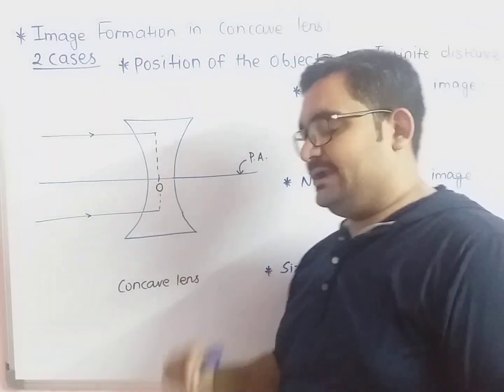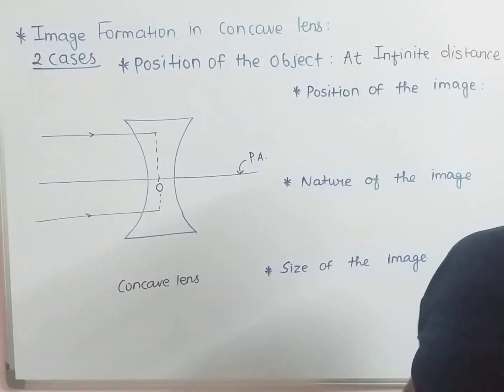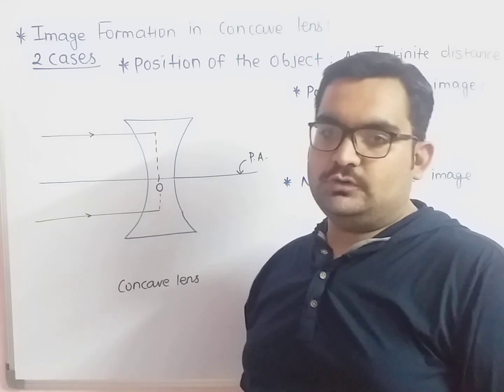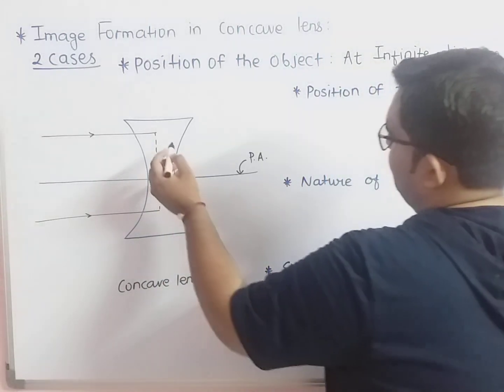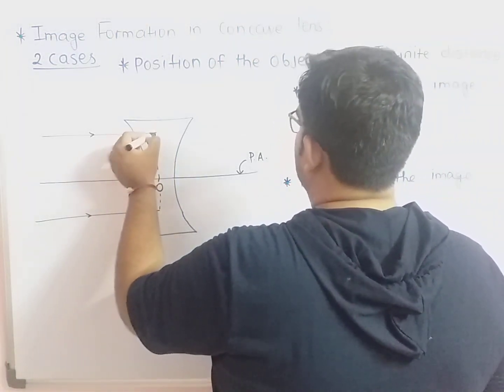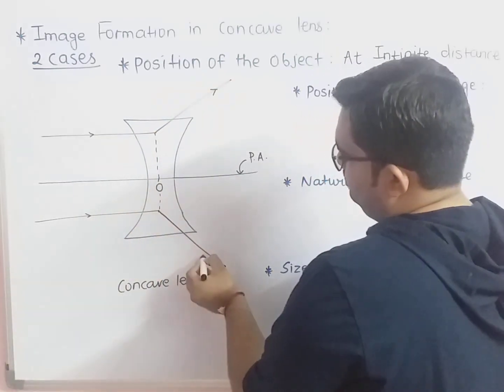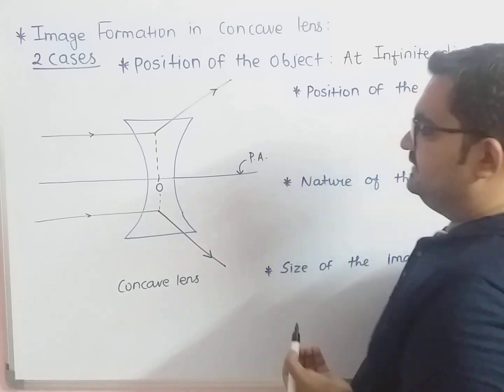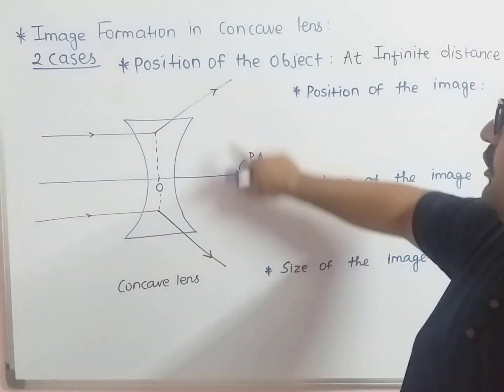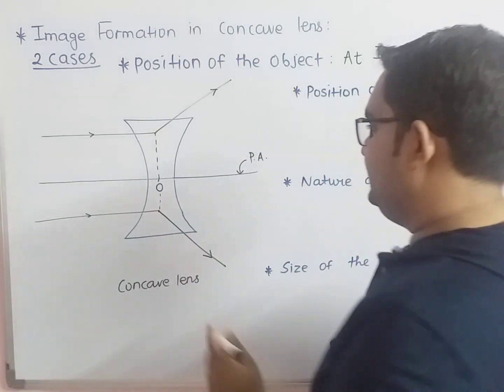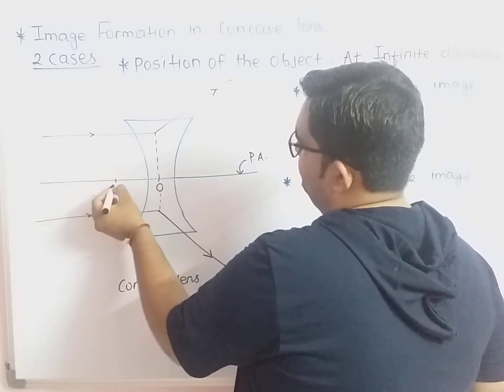Now when the two rays reach point O, they are refracted, and after refraction these rays become diverged. Okay, so here you can see both rays actually do not meet on the principal axis.